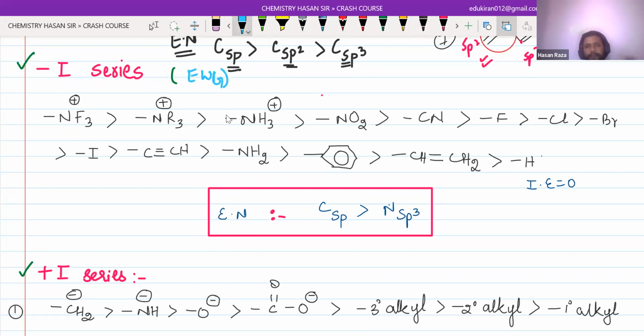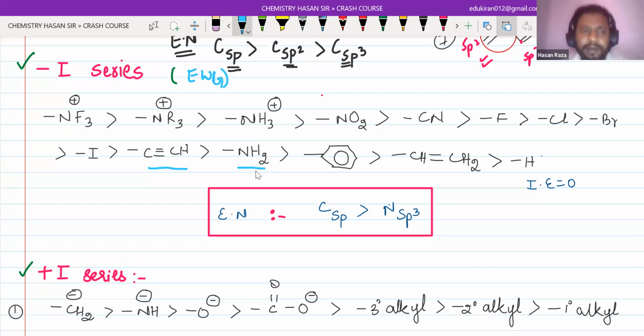So the groups having the most powerful withdrawing power are NF3+, NR3+, NH3+, NO2, CN, then fluorine, chlorine, bromine, iodine. The most important thing you need to know is that the alkyne is more electronegative than NH2.